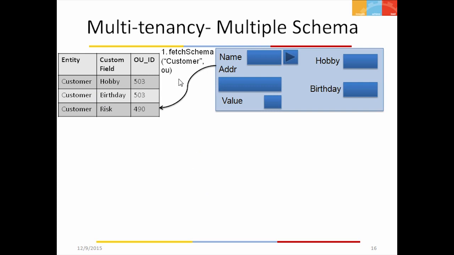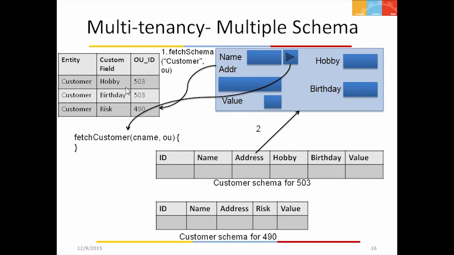So fetch the customer with a particular name and OU, and essentially it first comes here, and then it goes to the appropriate table, the customer schema for 503. If suppose the OUID is 503, then it comes here, and all the data like name, address, hobby, birthday, value, all of them are fetched here.